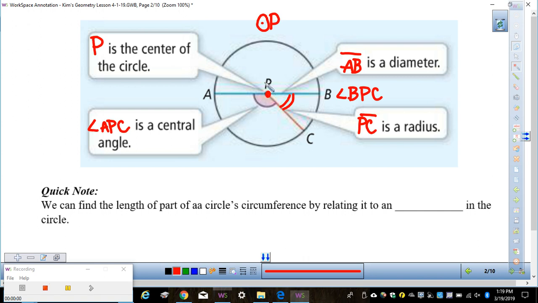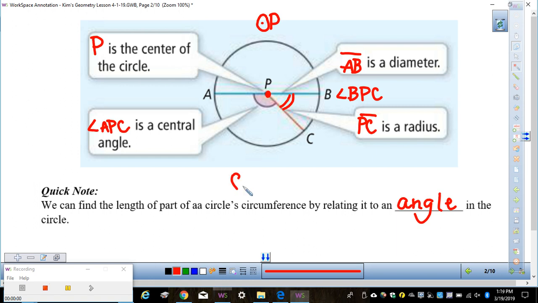And then we've got a quick note here that we can find the length of part of a circle's circumference by relating it to an angle in the circle. And we're going to be doing that a little bit later on. So we've already talked about finding circumference of a circle.